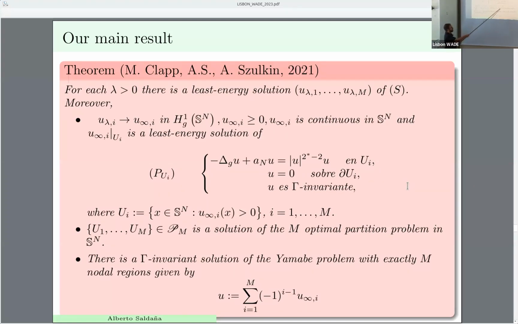They will be a solution of the optimal partition problem for each m fixed. And now finally, if I take all the limiting profiles and alternate the signs, then I will recover a nodal solution of the Yamabe problem. So one of the Ding solutions, but now we really know much more about the solution. We know how many nodal regions it has, and we know that each of the nodal sets optimizes the space in some very precise sense, with a very precise cost function.